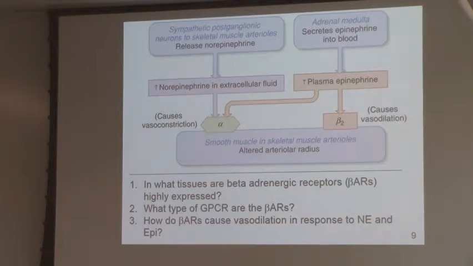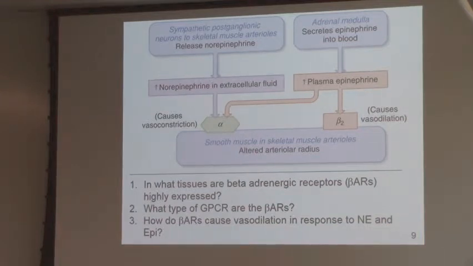Okay, what type of GPCR are beta adrenergic receptors? We're going back to the heart here. This is not tricky. You've got a 1 in 3 chance of getting it right, and we're pretty much sure that it's not Q. So what do you think? Gs.